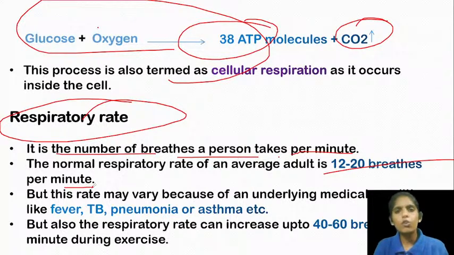The muscles do much work, and for the muscles to do the work, they need energy. And how is the energy produced? It is in the presence of oxygen. So during exercise, more oxygen will be required so that more energy can be produced for the muscles.